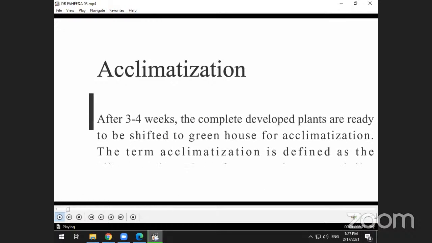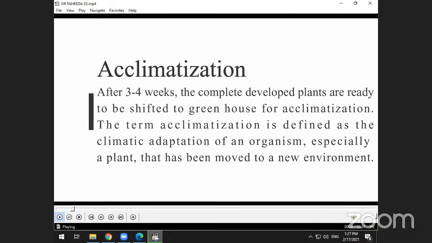Acclimatization. It is the next step after subculturing. The term acclimatization is defined as the climatic adaptation of an organism, especially a plant, that has been moved to a new environment.